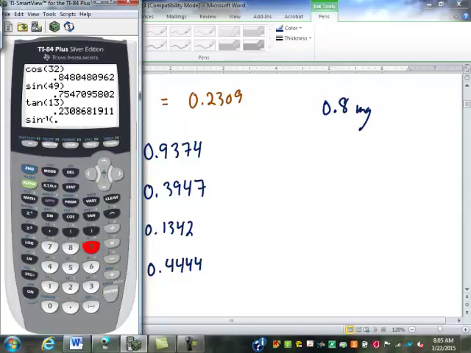Nope, there's no x negative 1. The x negative 1, remember, is only secant, cosecant, and cotangent. Sine, cosine, and tangent are the buttons on your calculator. So this is just going to be second sine, 0.9374. That's almost 1, which means this angle better be close to 90 degrees, right? That's like 69.62, so that's pretty close.